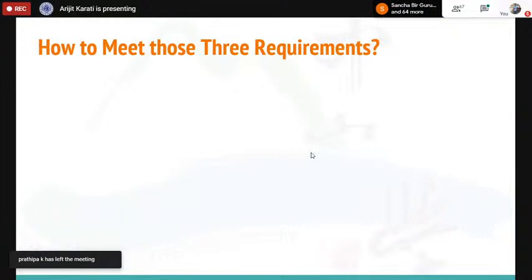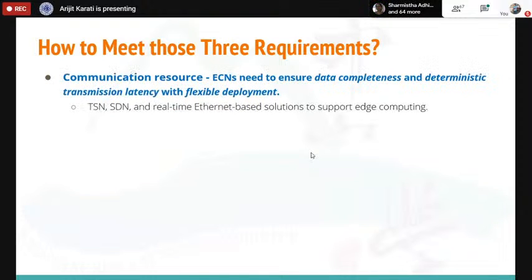Naturally, the next and very important question is how we can meet those requirements. The easy answer is that we can meet them in different ways. First is the communication resources. In order to realize the security challenges, first we have to know what those requirements are and how to mitigate them.